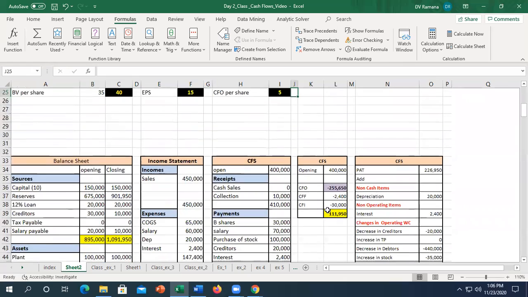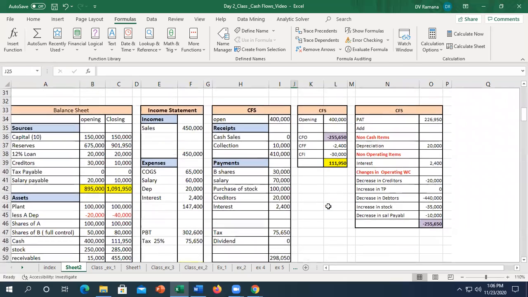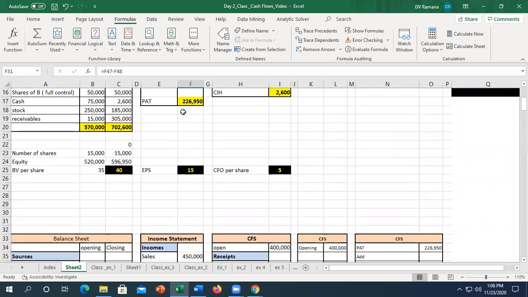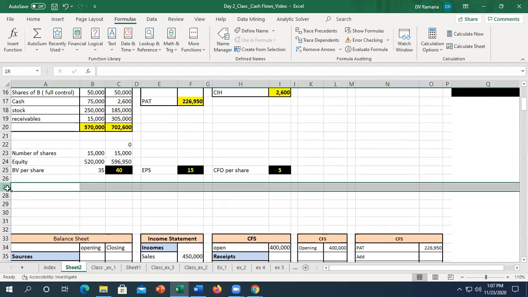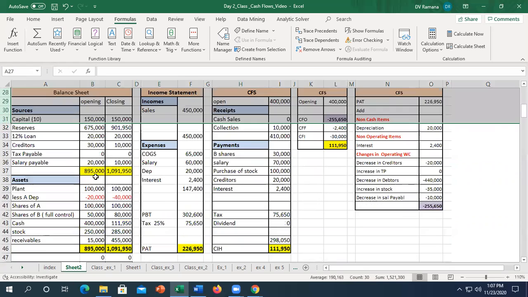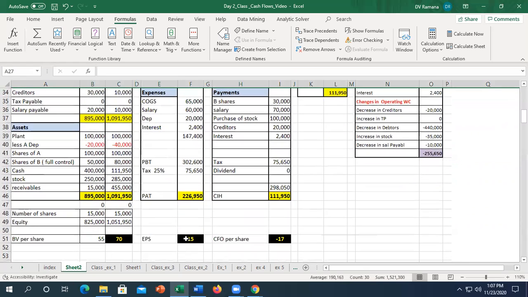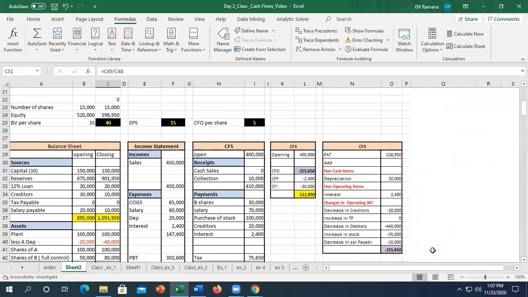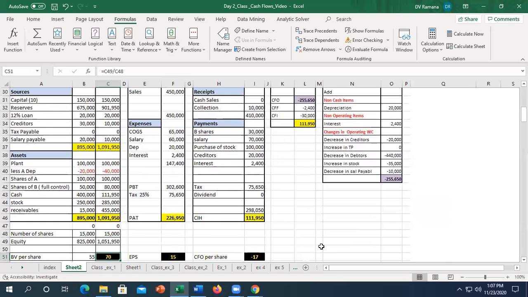Let us go down and observe now the book value per share. In this case, you see the PAT is the same as the profit after tax in situation 1. The earning per share is 15, also the same in this case. The book value per share in this example has increased from 55 to 70.